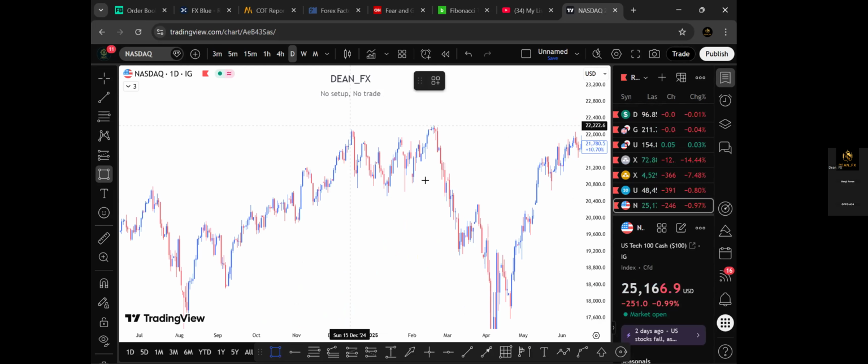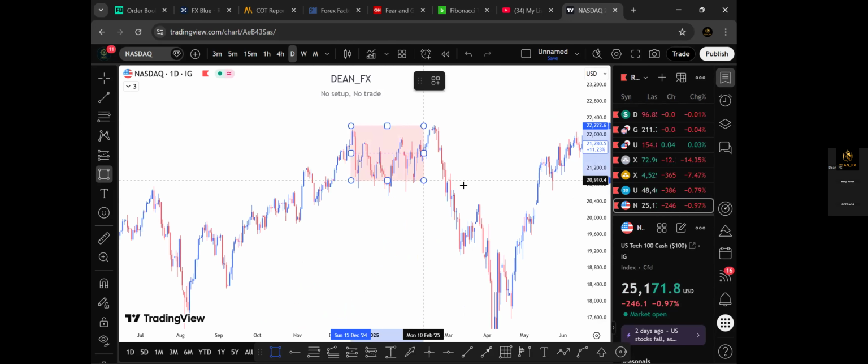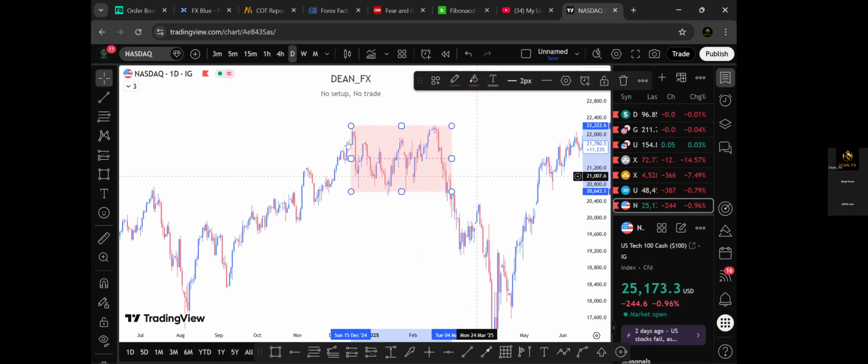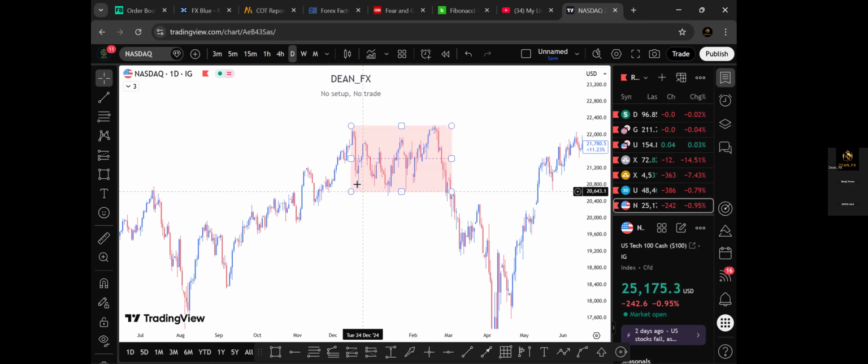You can see this zone here. Price is reacting within this zone. Sell, buy, sell, buy, sell, buy. See, it's consolidating.